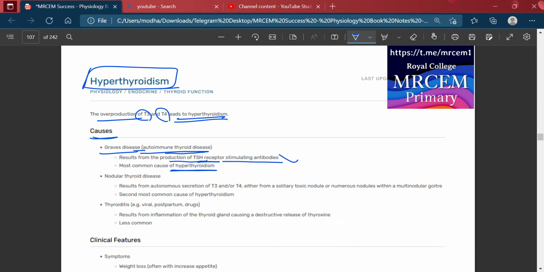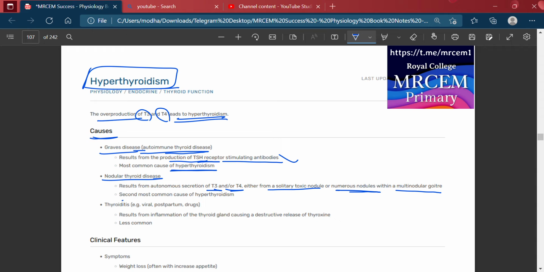Then the nodular thyroid disease. Nodular thyroid disease results from the autonomous secretion of T3 and/or T4, either from a solitary toxic nodule or numerous nodules within a multinodular goiter.